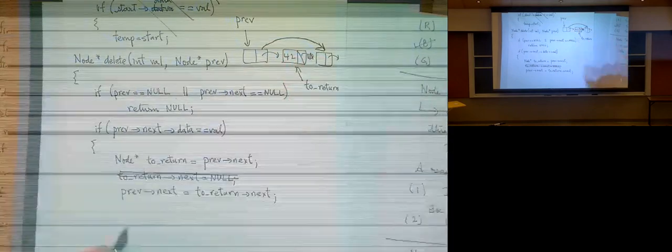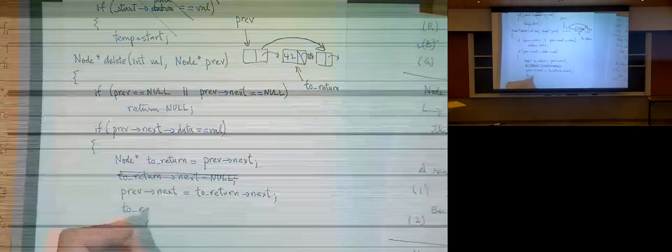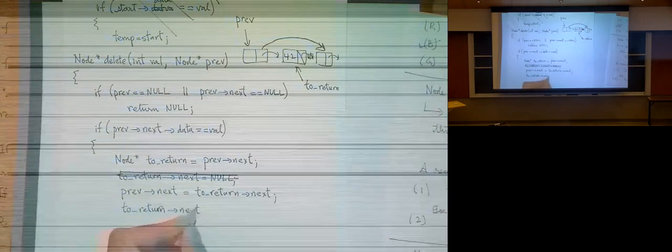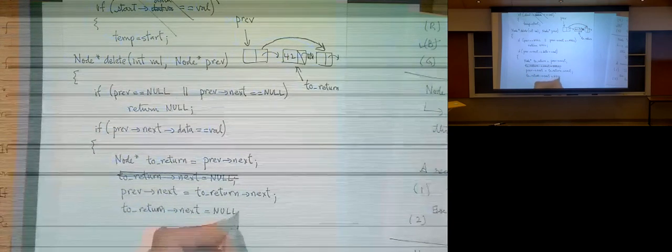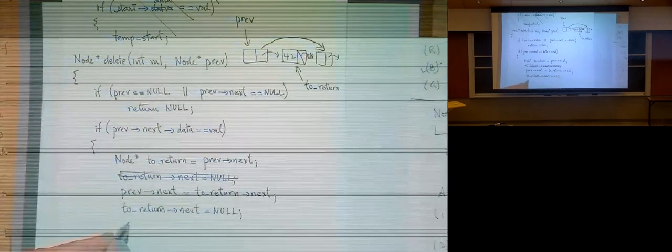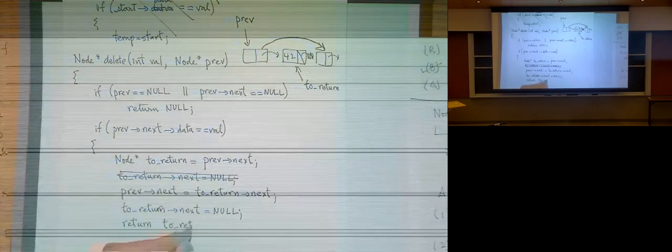Now I can do to return arrow next is equal to null. And then I can return the node to be returned.